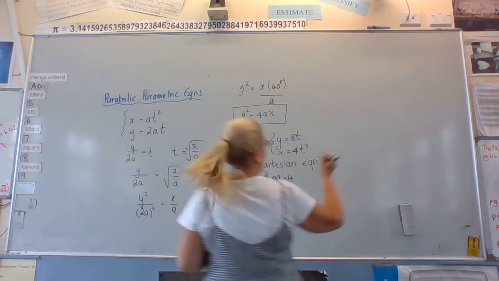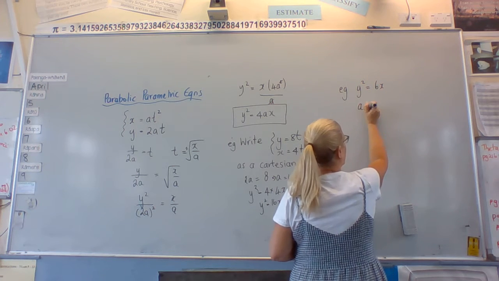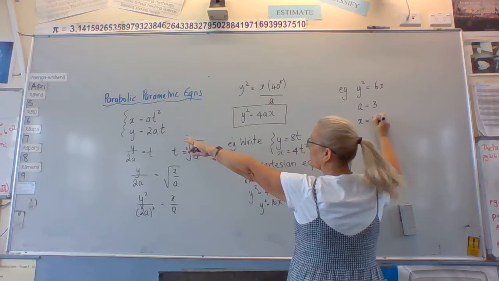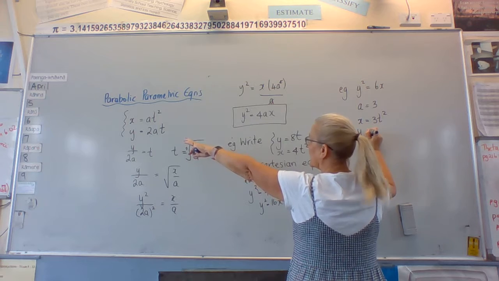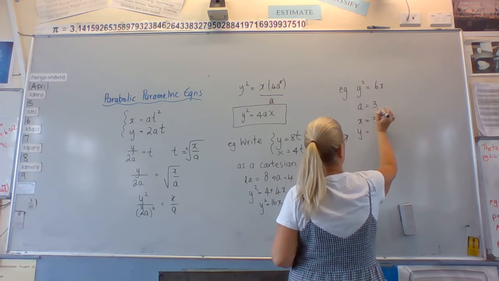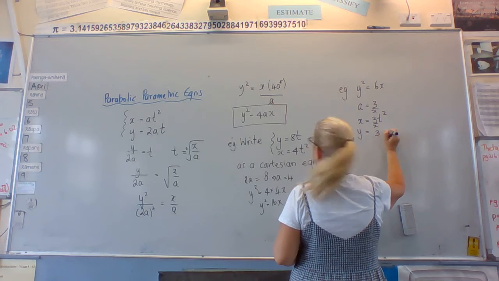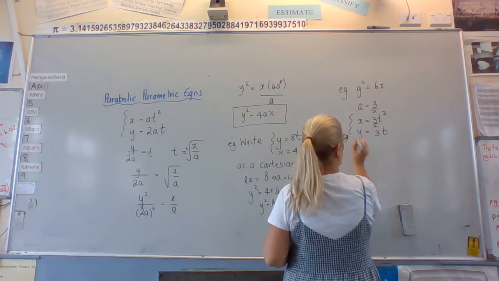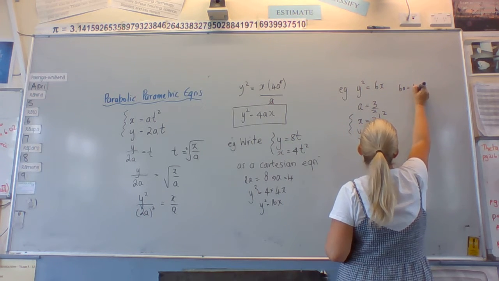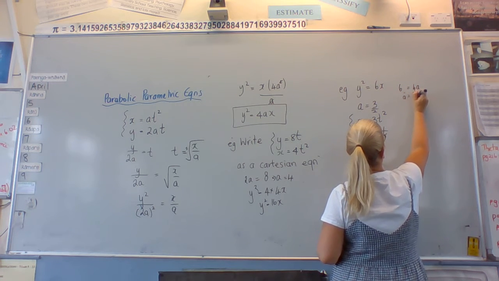So let's have a look. If we've got y squared equals 6x, then 6 equals 4a, so a equals 3 over 2.